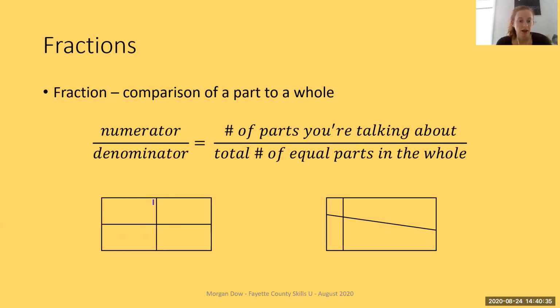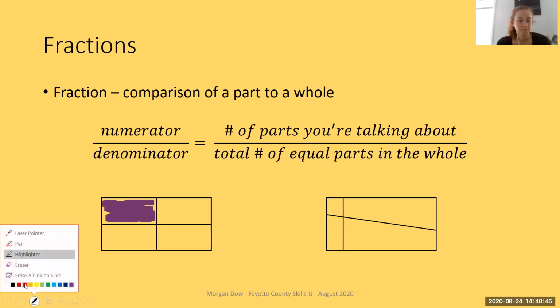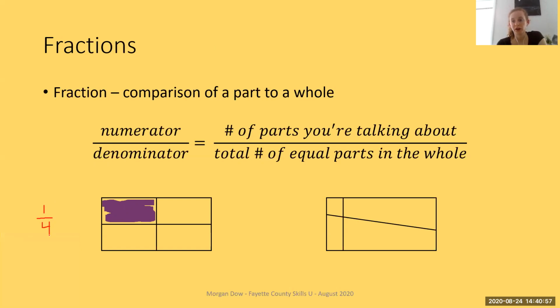Let's say I colored in one of the parts. Just imagine the whole thing is colored in. If I colored in one of the parts, then I would say that 1/4, 1 out of 4 parts is colored in. So 1 out of 4. 1 out of a total of 4 equal parts is colored in.